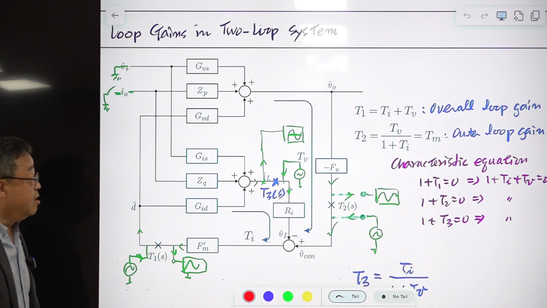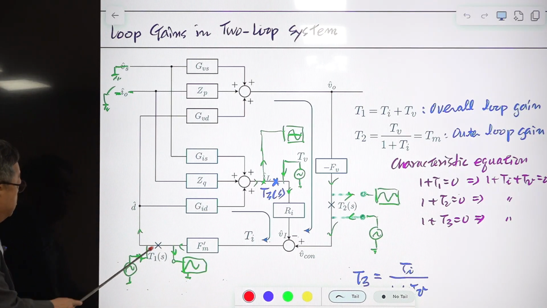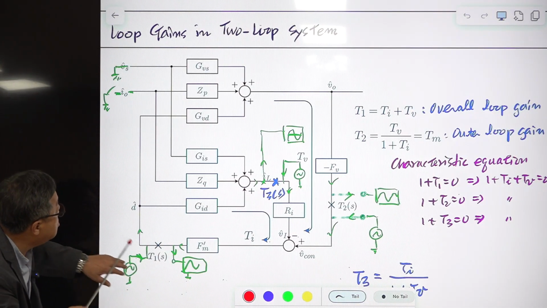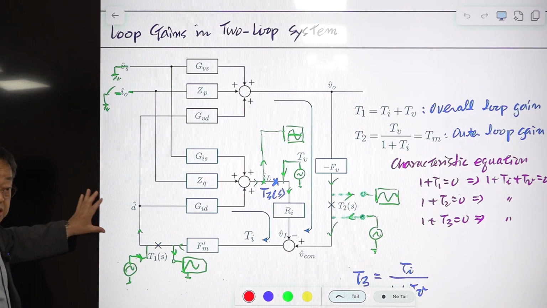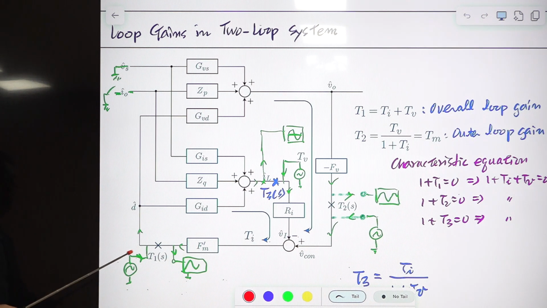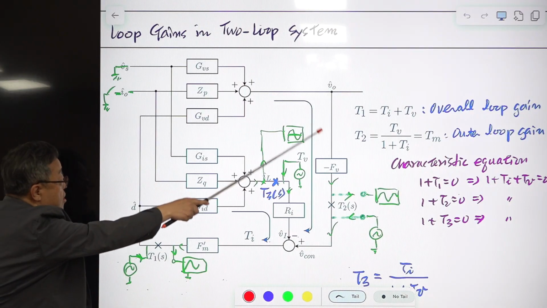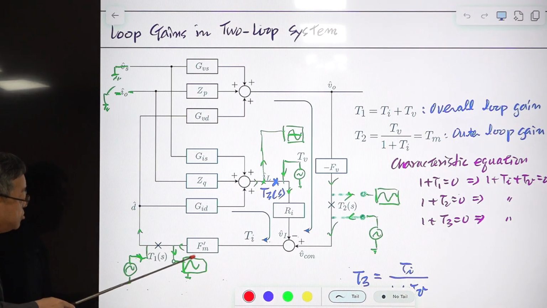Okay, and there is another loop gain that can be defined. You cut this point and consider everything inside. This is the new power stage model, or something similar to that, and you inject a sinusoidal waveform, and it goes around here and comes back here, and goes here and comes back here, and you measure here.